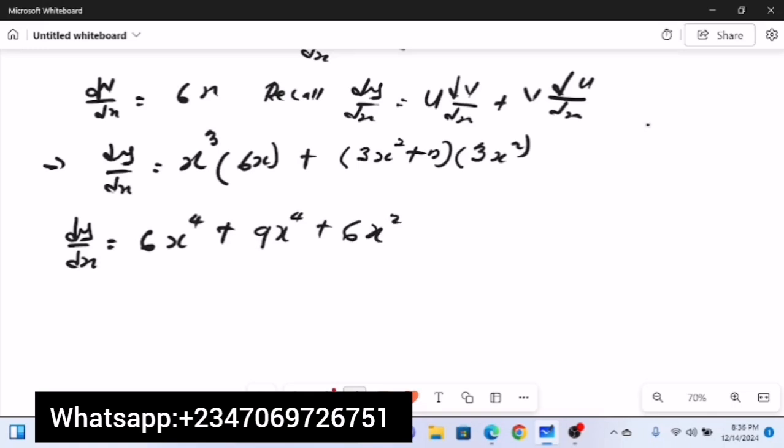Okay, so I have 6x to the power of 4 plus 9x to the power of 4. 6 plus 9 simply gives us 15x to the power of 4, plus you put down 6x squared, and this becomes the result of that derivative using product rule.